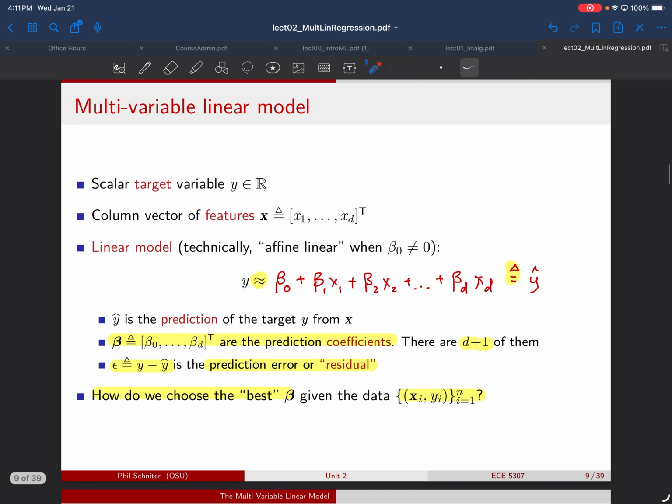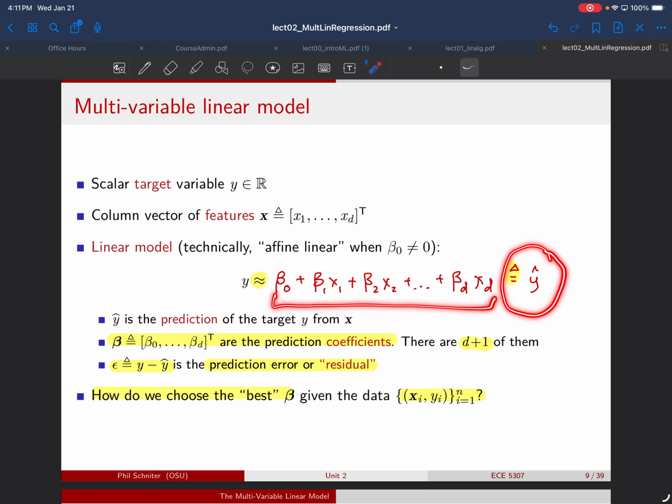And in the multivariable linear model, we say that our modeling choice is that the target is approximately equal to some offset or intercept beta 0 that we can choose, plus some weighted versions of all of our different features, and we can choose all of these different beta coefficients. And we give a name to this.